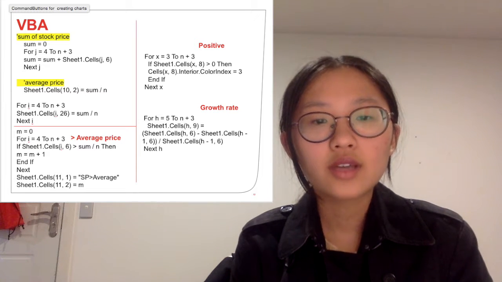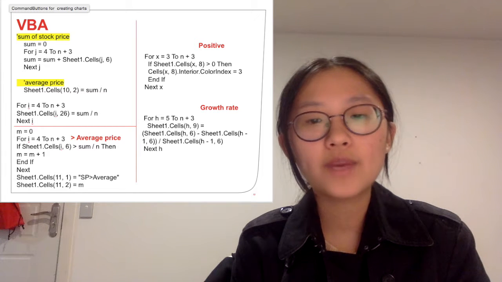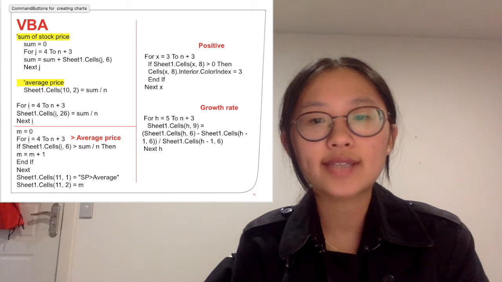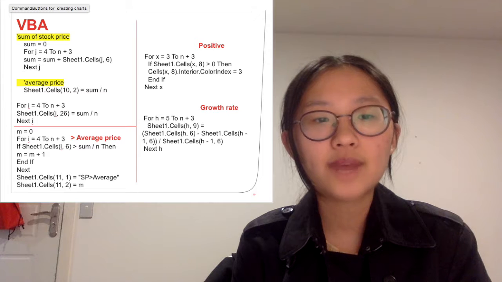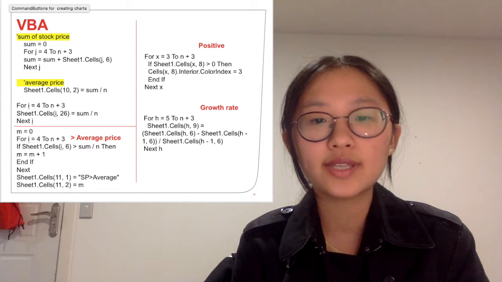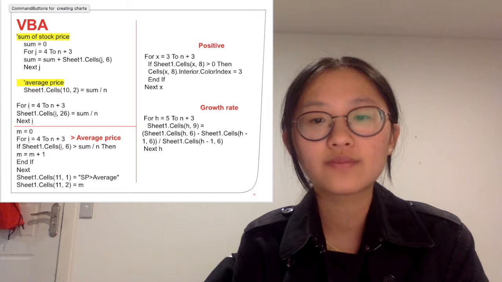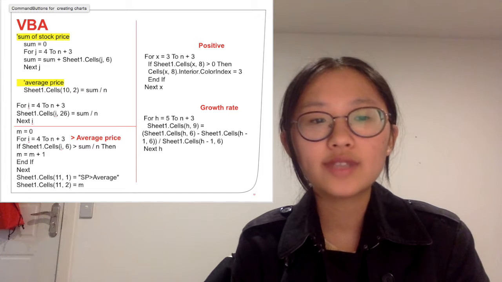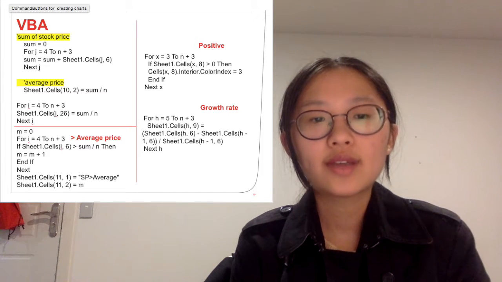Second, the code could find out how many prices are greater than the average. The third part focuses on how to find the positive numbers in the uncertain part. These positive cells will turn right according to this. Finally, it could calculate the growth rate of daily prices.